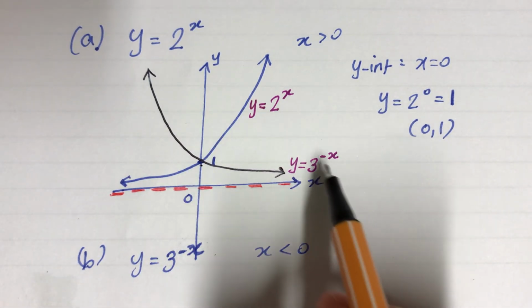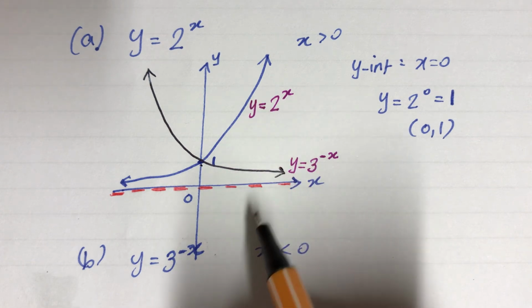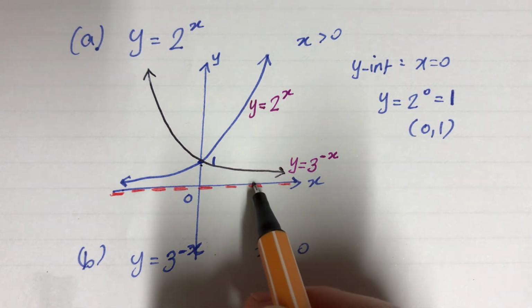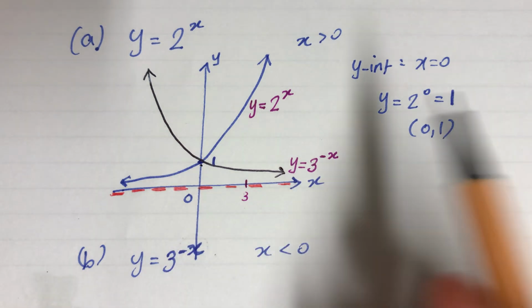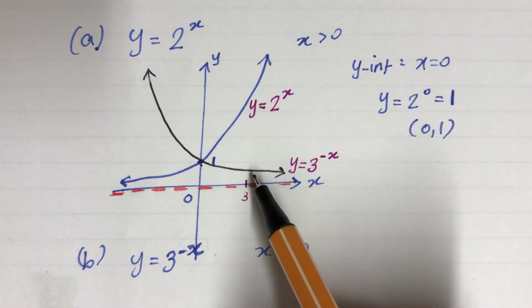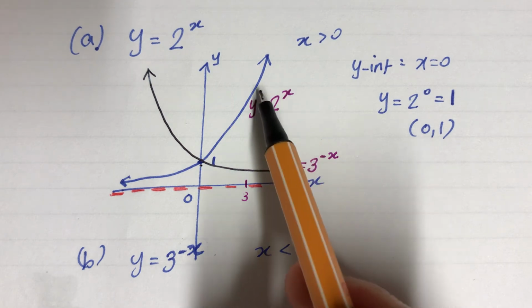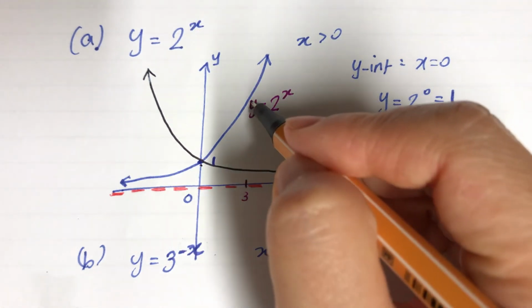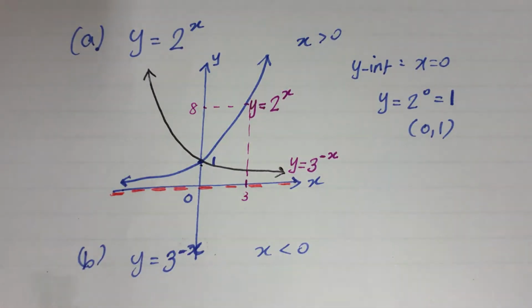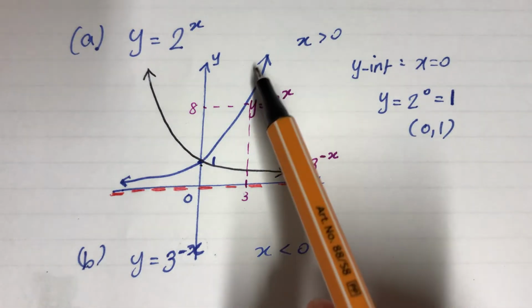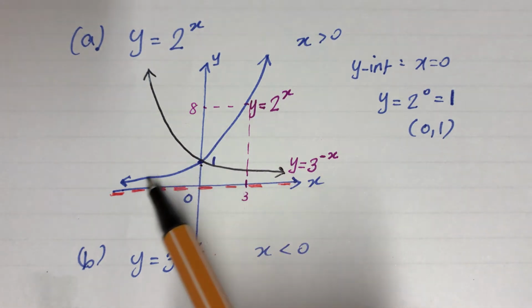Now if you're not really sure about where it starts or where it's going to go, you can always substitute some numbers in it. So for example, if I put x equals 3 into 2 to the power of x, it would be 8, wouldn't it? So up here will be 8. So I know it's going to start from the top and go all the way down.